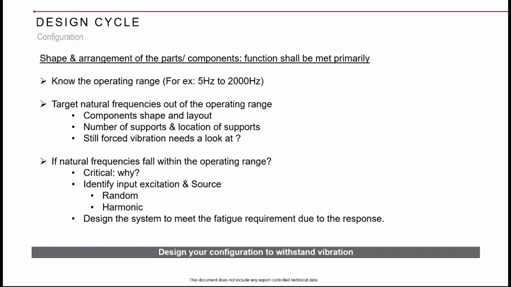We struggle hard to get the requirements met with a lot of design changes at the end of the design cycle, which may not be appreciated well. That is the reason that when you have a significant vibration environment on your system, you should consider it in parallel while you are evolving the configuration itself.